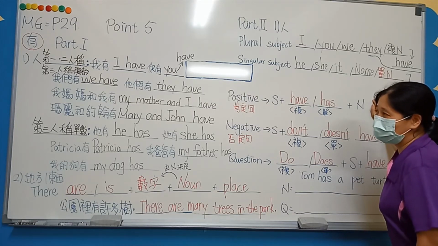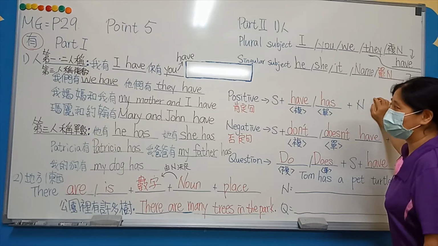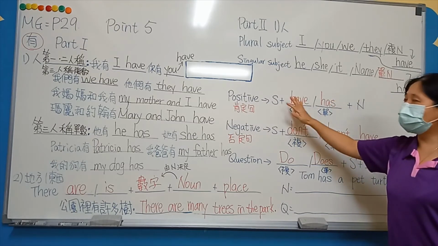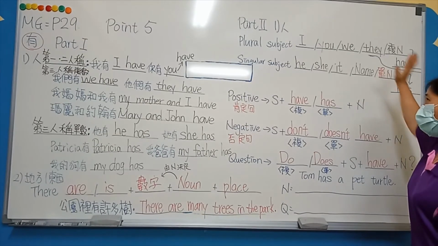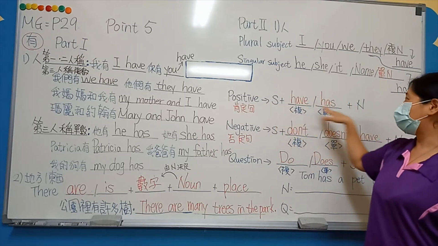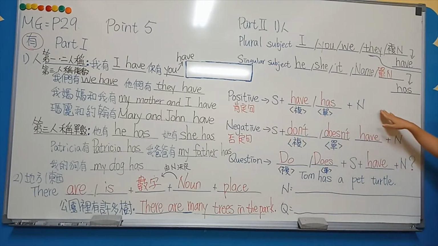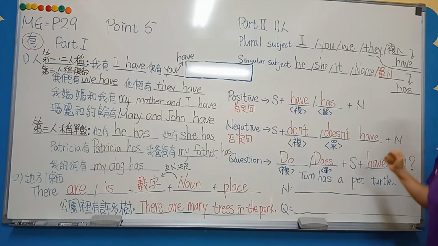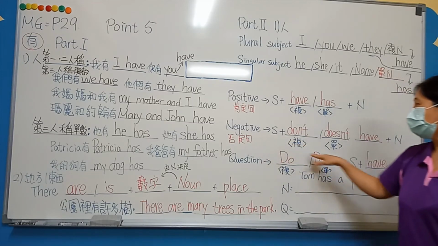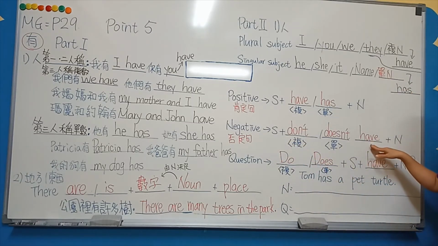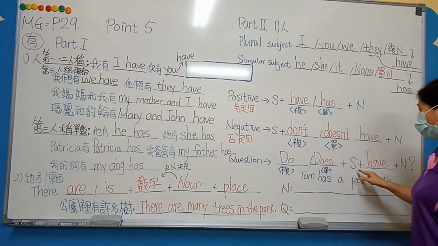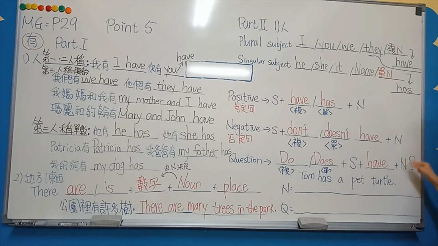Tom has many pictures on the wall. And then you can say, Tom doesn't have many pictures on the wall. Question sentence. Does Tom have many pictures on the wall?